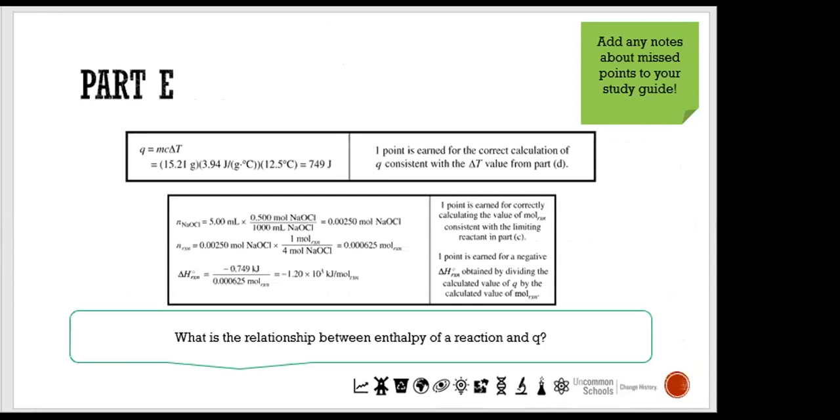Okay, thank you. And then Sandra? Hey, Mr. Geller. Hello. For numbers like that E2, were we supposed to have it like 1.20 times 10 to the third? Because I put 1,198.56.